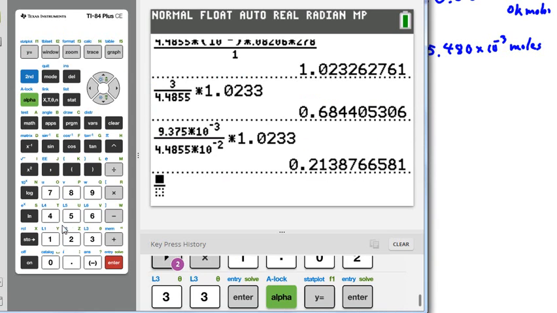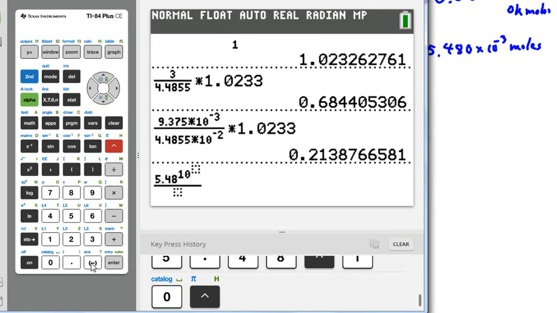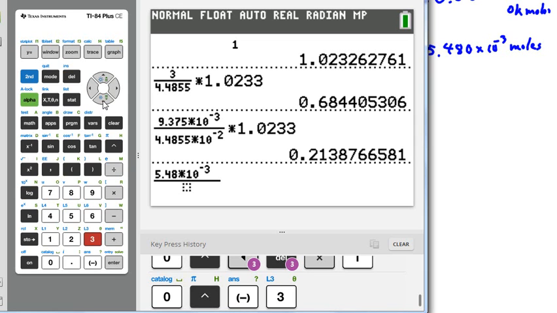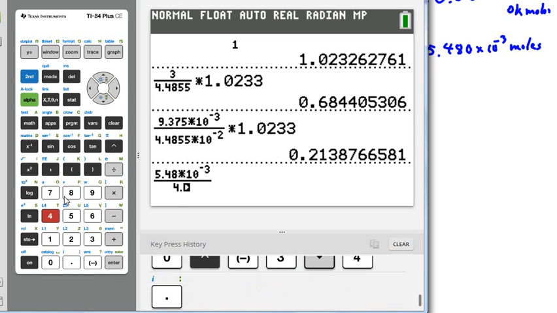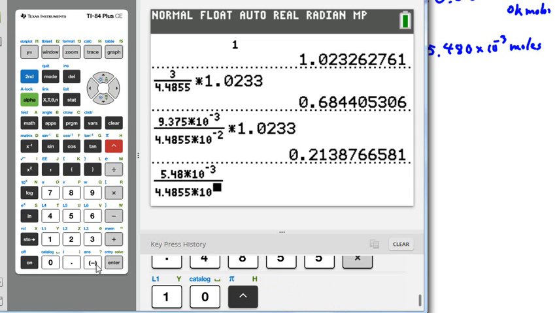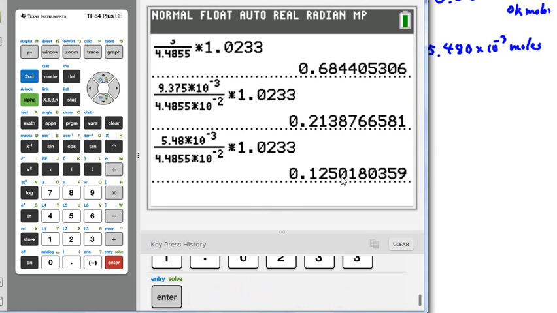We have 5.48 times 10 to the -3 over 4.4855 times 10 to the -2, multiplied by 1.0233, and we get 0.125 atmospheres.